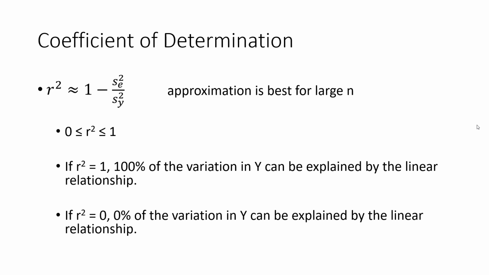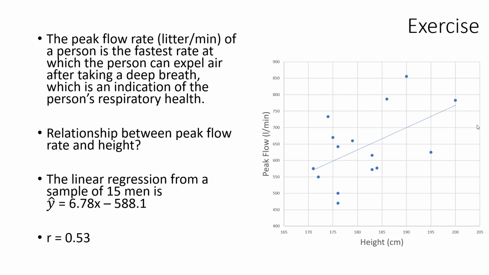This approximation is the best when there are many pairs of data. Based on its definition, the coefficient of determination is always between 0 and 1. When it's 1, it means all variation in y is explained by the linear relationship. When it's 0, none of it can be explained by the linear relationship.